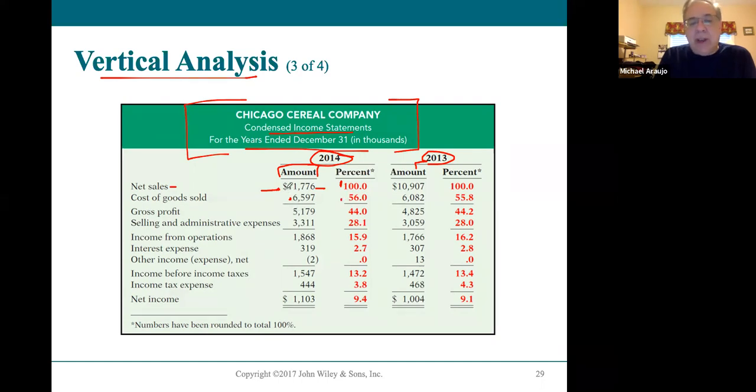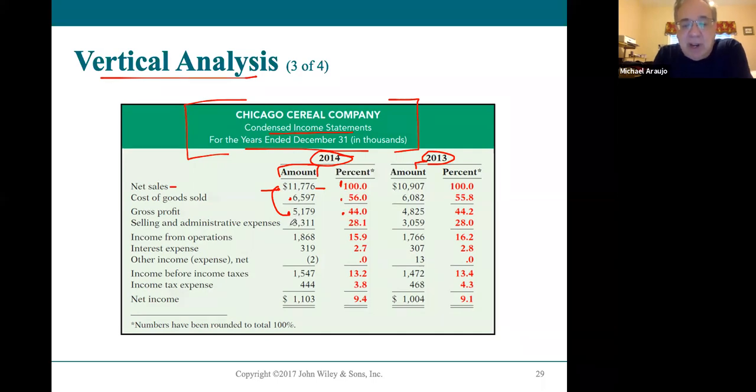The difference, right? Sales revenue minus cost of goods sold gives you gross profit. The gross profit of $5,179 compared to the net sales of $11,776 means your gross profit is 44%. Now that should bring you way back to chapter 5 because we did a gross profit margin and that's how we did it. No change, no difference. You've already done that piece.